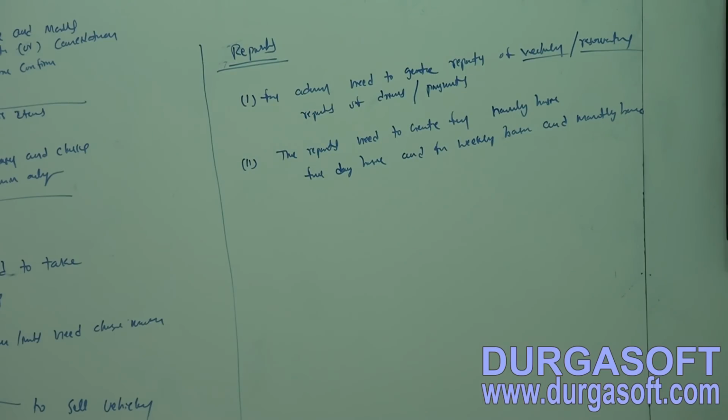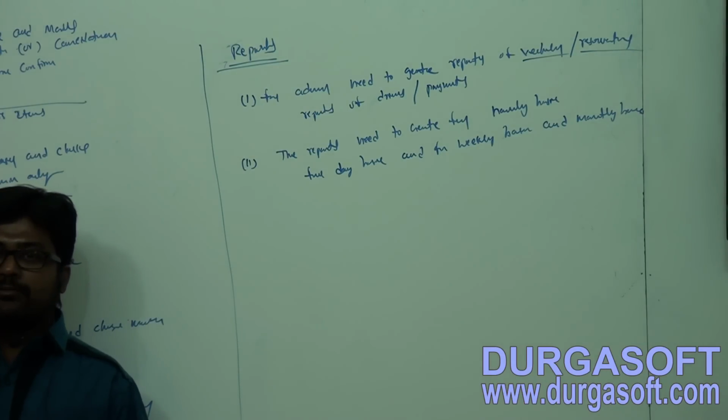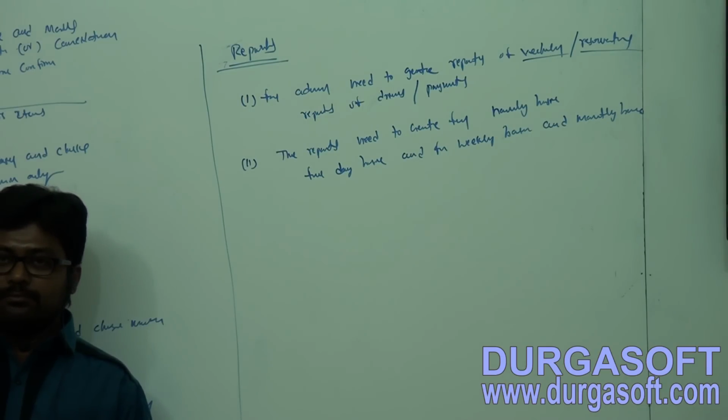User tracking. So how can we track? The tracker can call the manager or clerk and update the status, or whenever the user selects GPS, whenever the user selects the source and destination, the direction will automatically come.